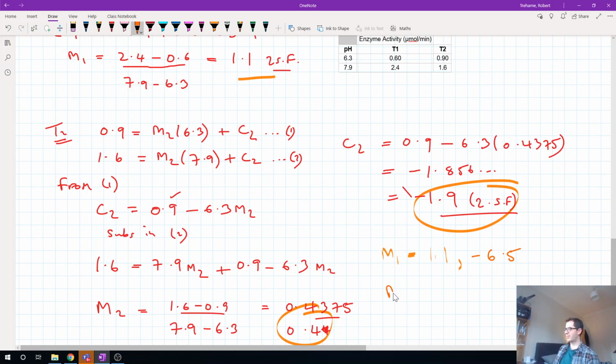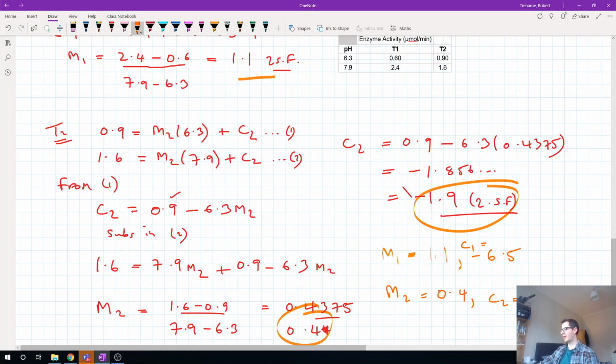Okay, and I've also got M2 is equal to 0.4, and C2 is equal to minus 1.9.